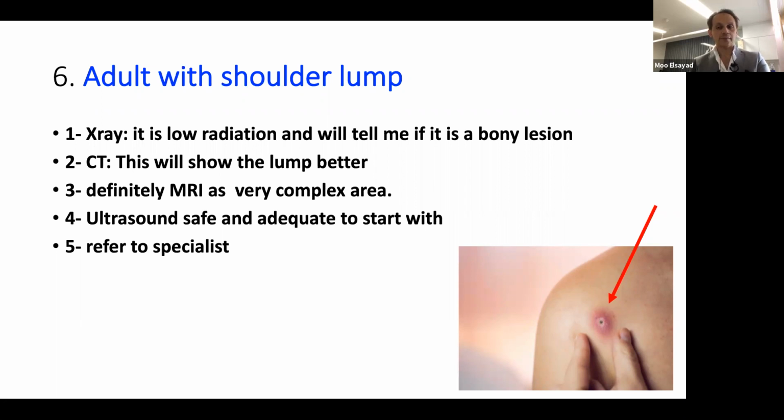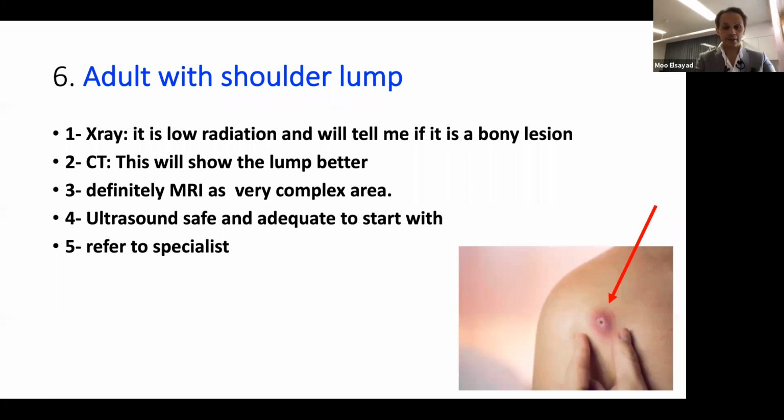It doesn't look like anything simple like a sebaceous cyst. So I would actually refer this to a specialist. I don't think ultrasound first is a wrong idea, but you may get an unsatisfactory answer, and then you have to refer to specialists. So sending it for ultrasound first may cause a bit of delay.